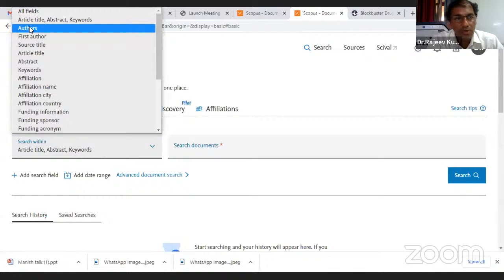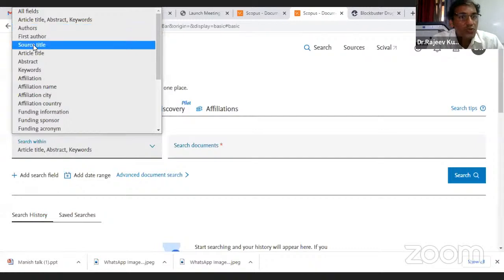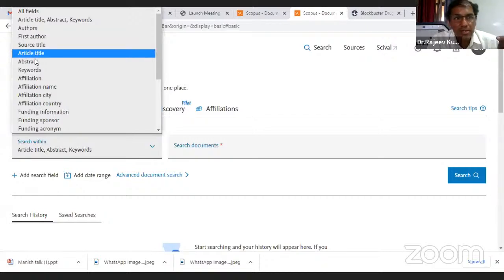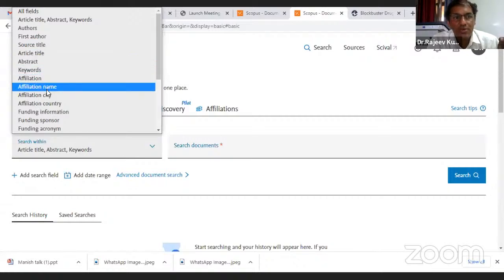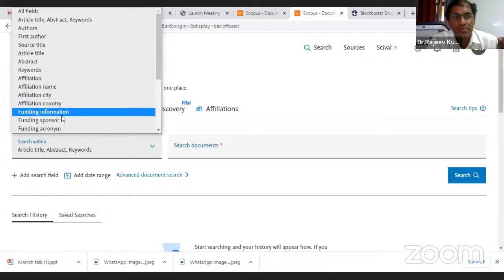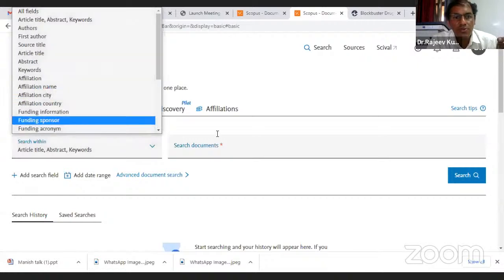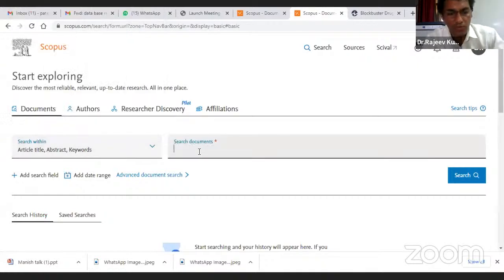Then source title means the source of that disclosure. Then article title, and you can also restrict your search to abstract, keywords, affiliation name, city, country, funding information, sponsors, and so on.